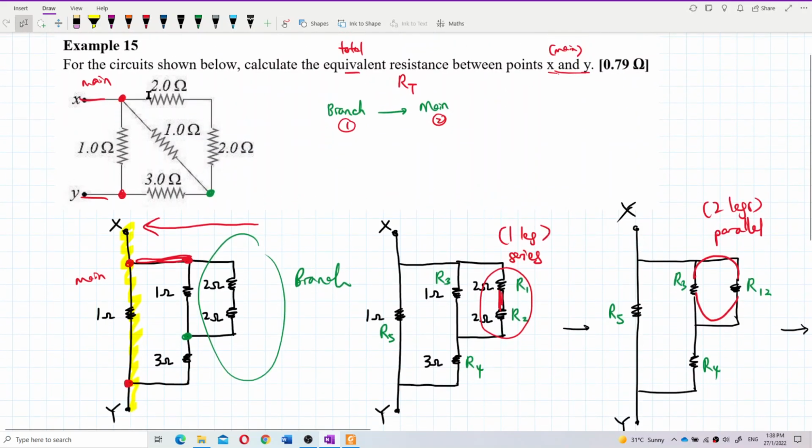The 2 ohm, 2 ohm and 2 ohm, I can total up in series, and then the total is parallel with 1 ohm, so total them up again. The combination of these three is in series with 3 ohm, so total them all, and then the total is in parallel with 1 ohm, so we can total them up and then we get the answer.